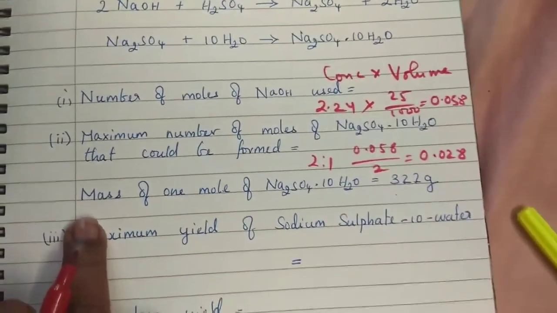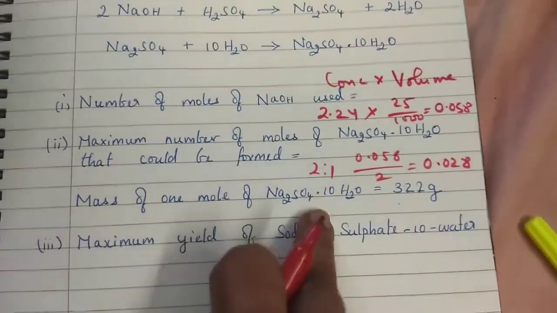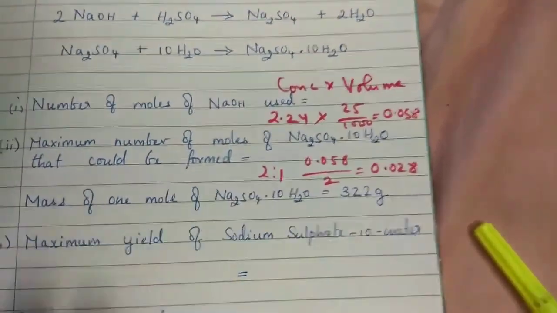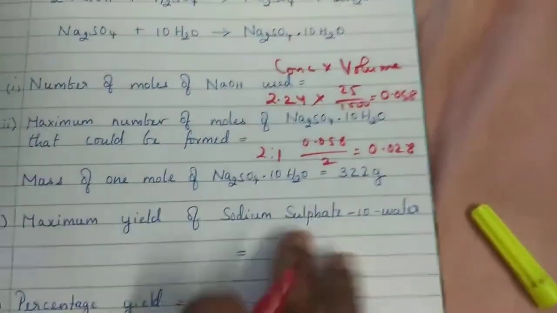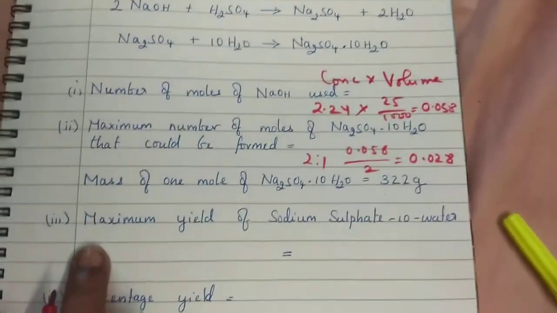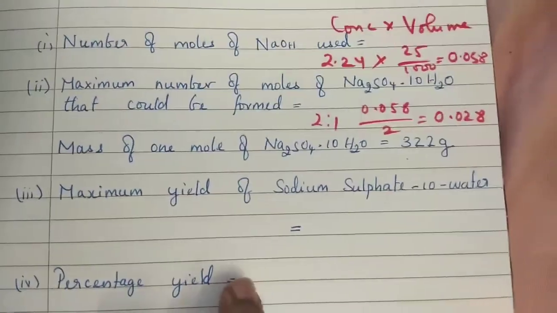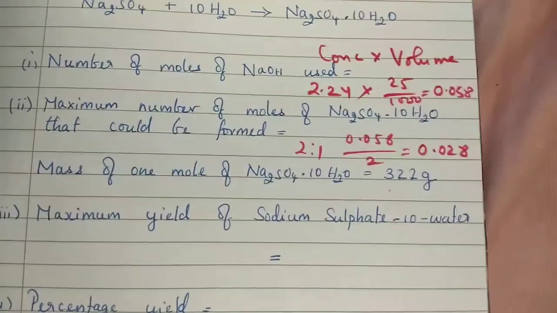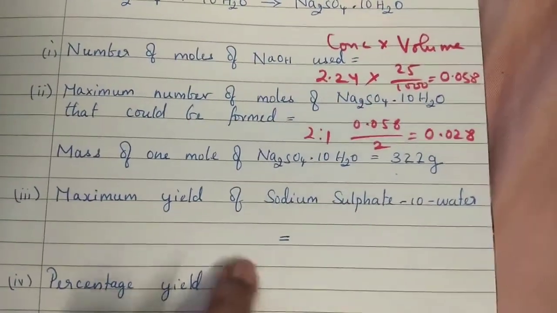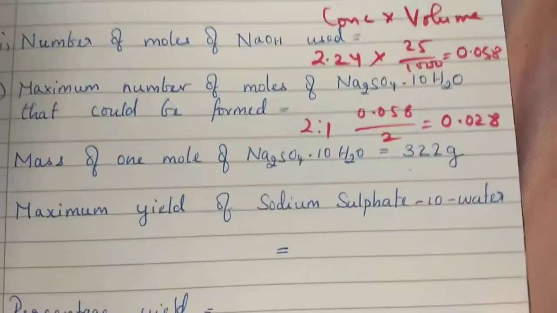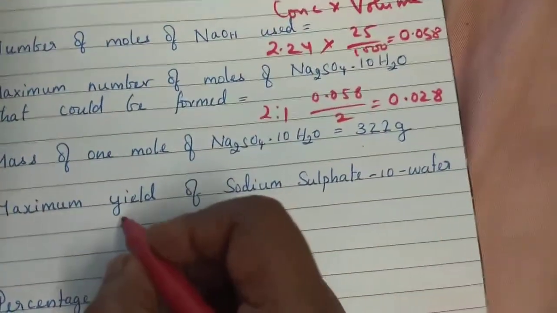In the question they have given the mass of 1 mole of hydrated sodium sulfate is 322 g. This is the molar mass, the Mr value, of hydrated sodium sulfate. So the question is the maximum yield of sodium sulfate decahydrate. How will you calculate the maximum yield? Maximum yield is again the mass. What is the formula?